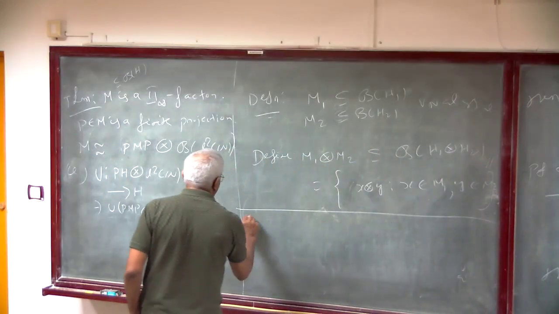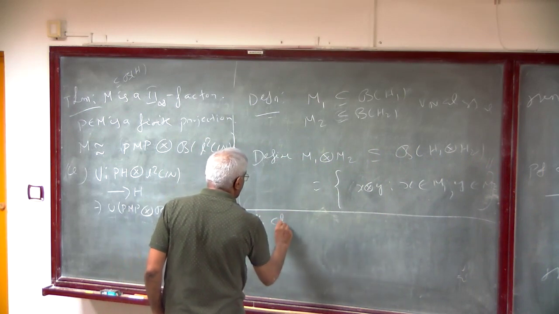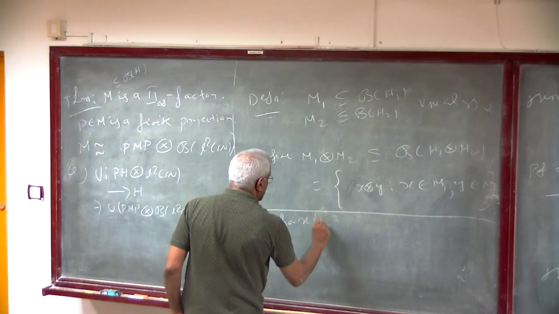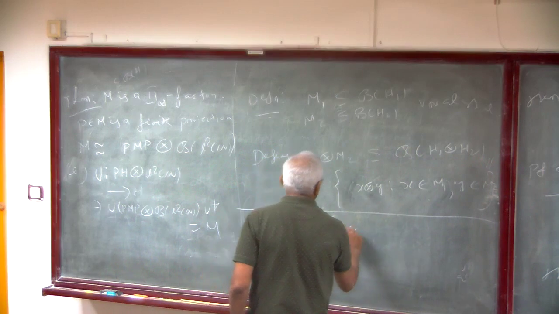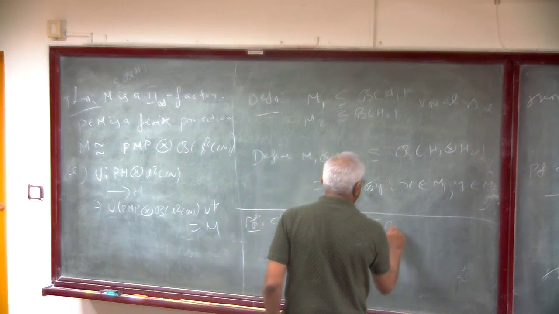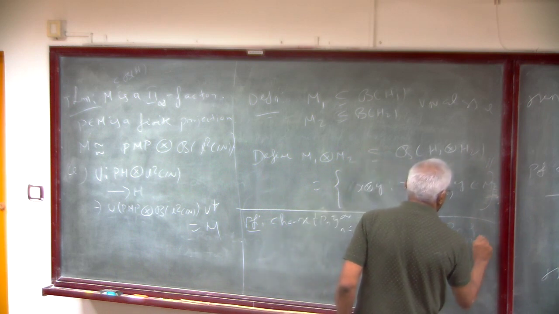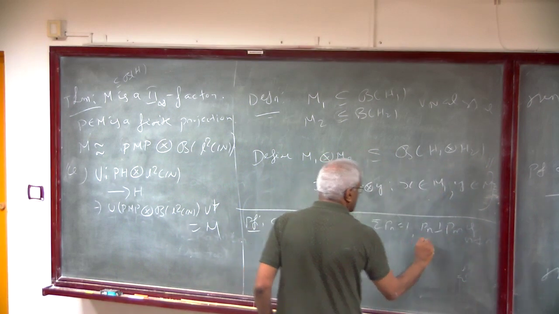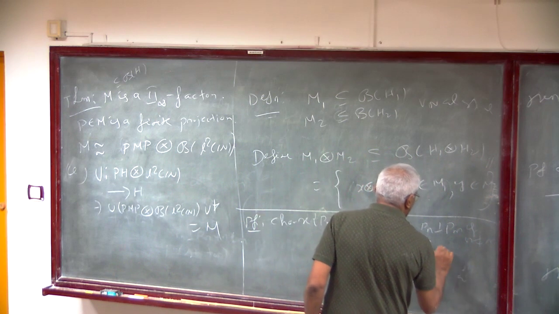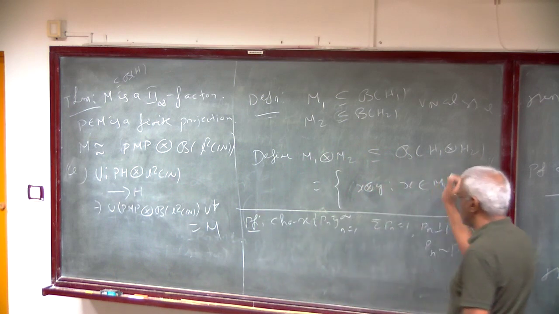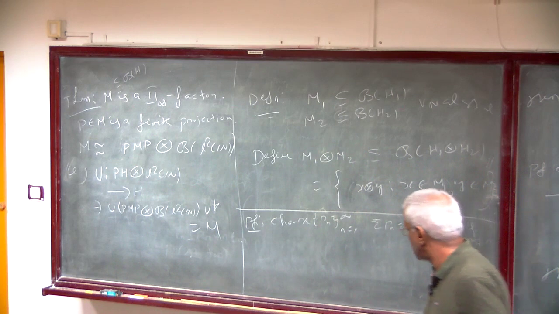Proof. Choose Pn, and all those Pn are equivalent to P, where you have the family given by the earlier proposition.